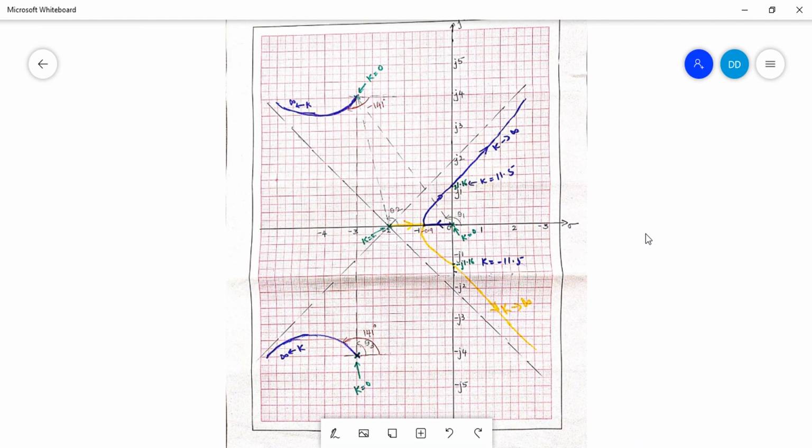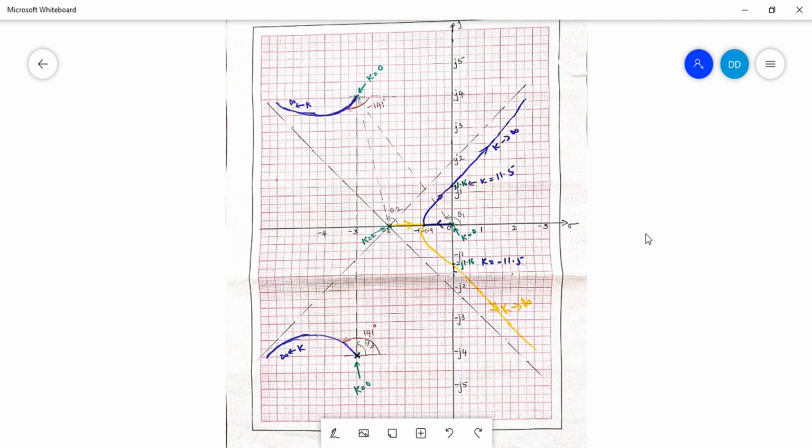Similarly, start another branch at s equal to minus 2, travel towards minus 0.9 where it breaks, and then at an angle of 315 degrees intersect the imaginary axis at minus j1.16 and travel towards infinity along 315 degrees. So these are the two branches.